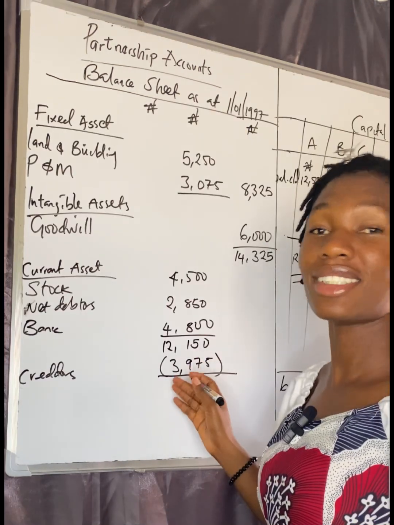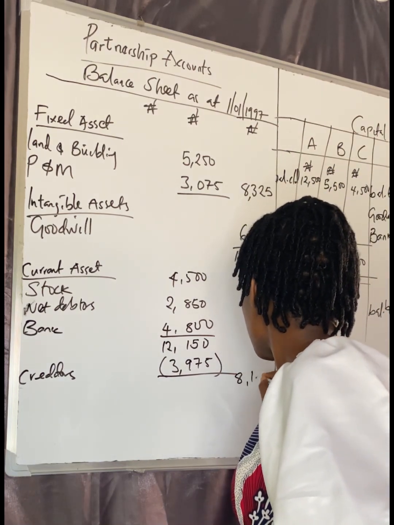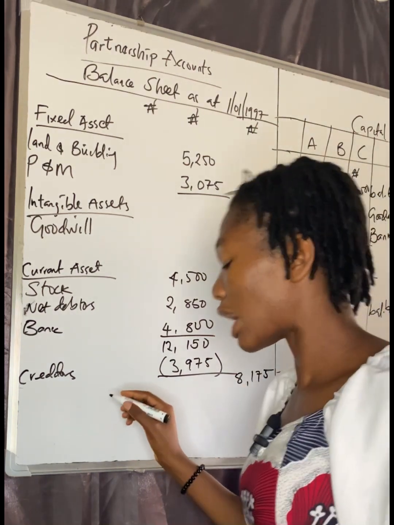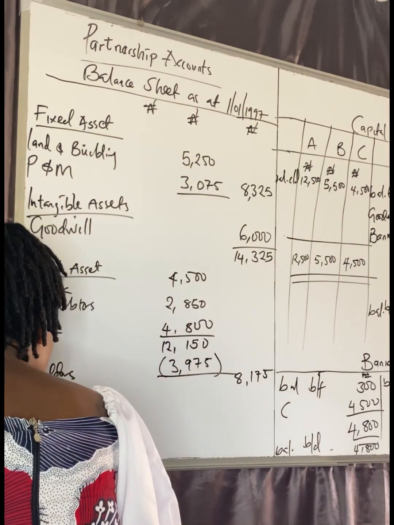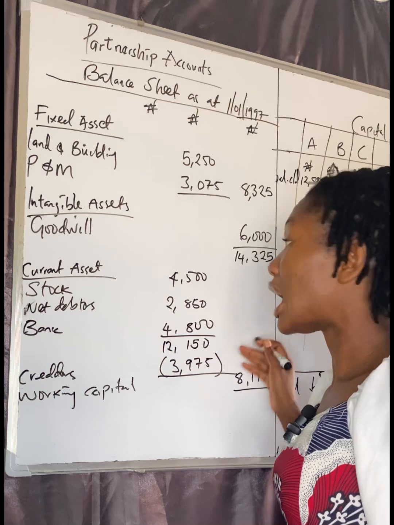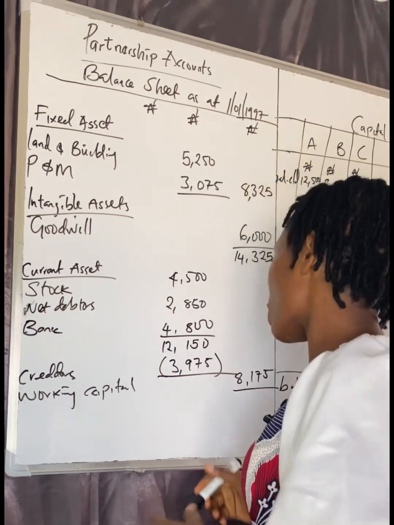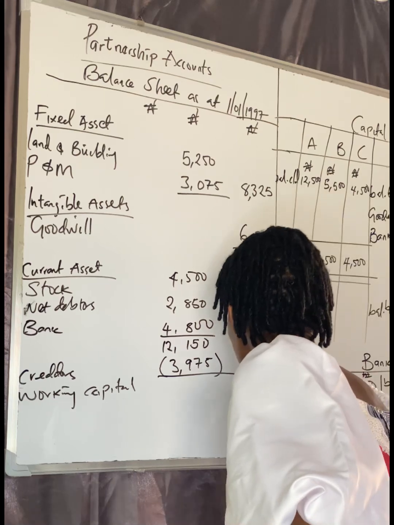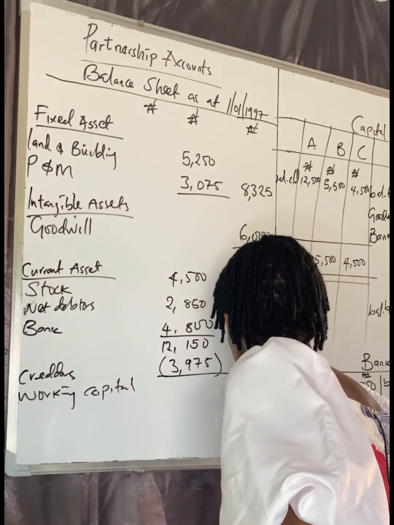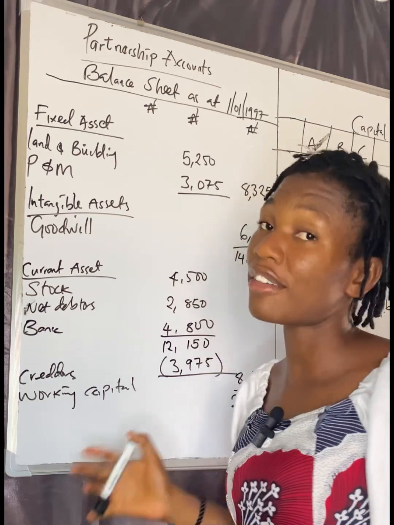After deducting this, we'll be having 8,175 naira as our working capital. After we have added our working capital to our total non-current assets, we're going to be arriving at a value of 22,500 naira.